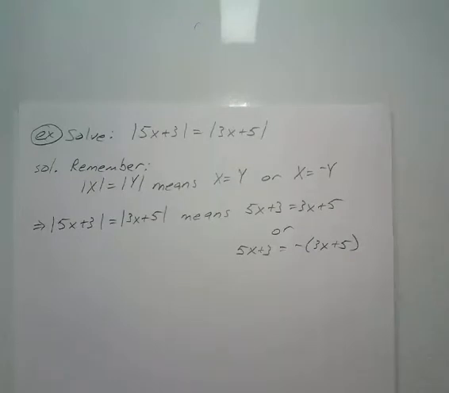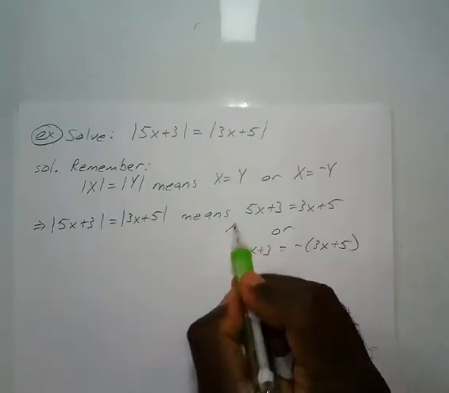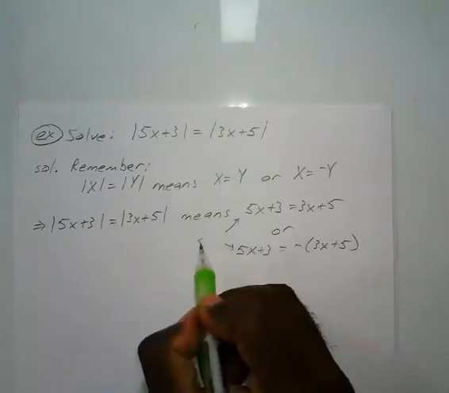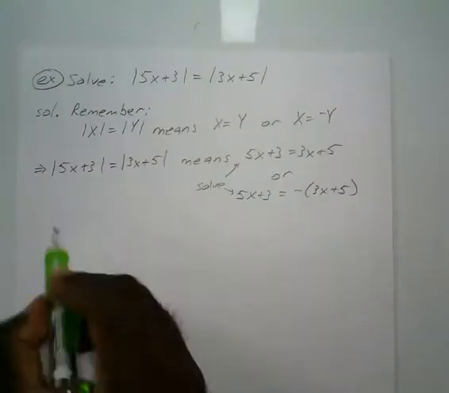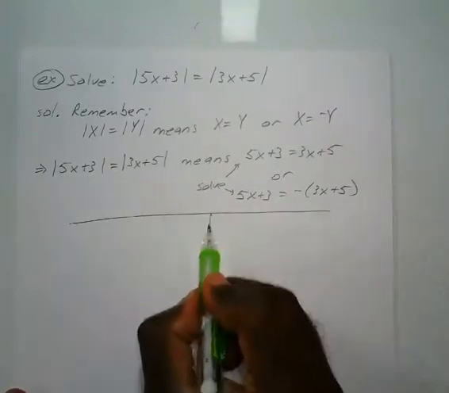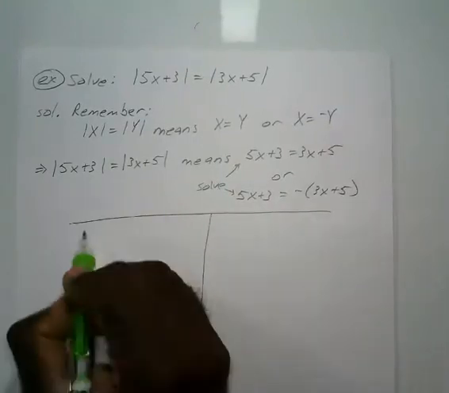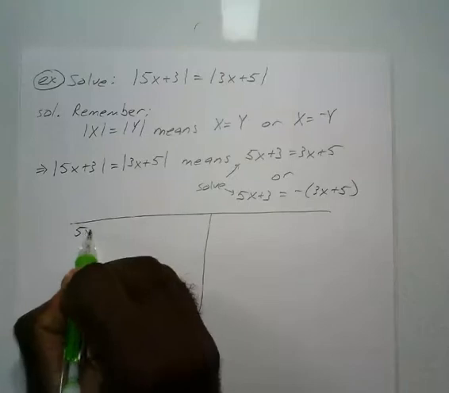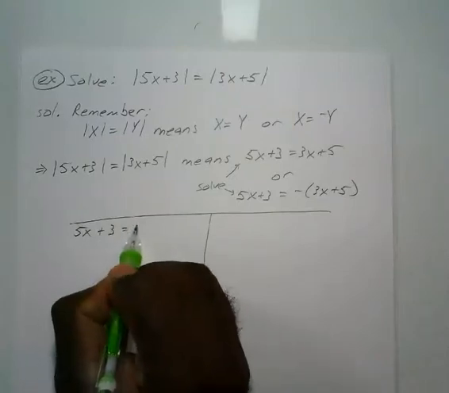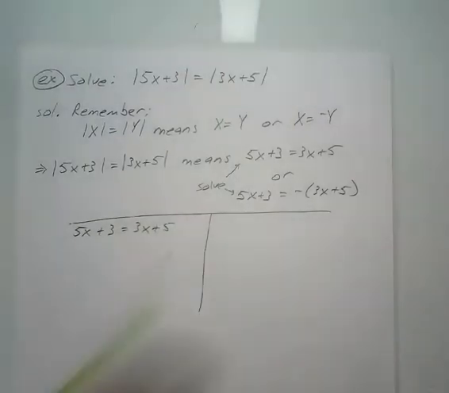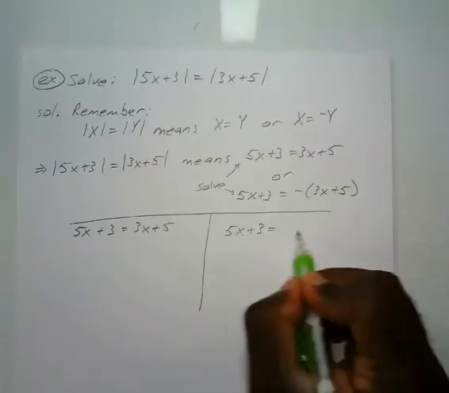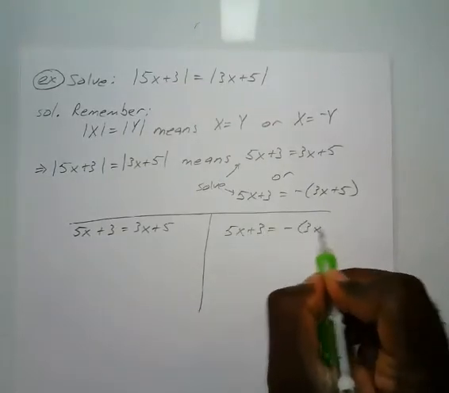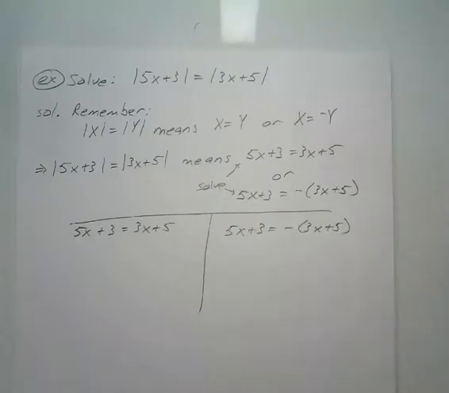Okay, now just like before, we just go ahead and solve both of those. So we have 5x plus 3 equals 3x plus 5, and we have 5x plus 3 equals negative (3x plus 5).